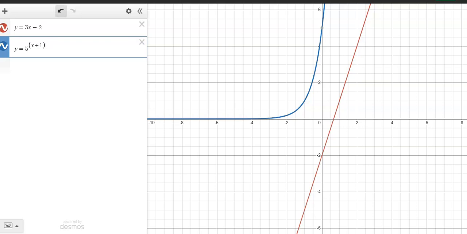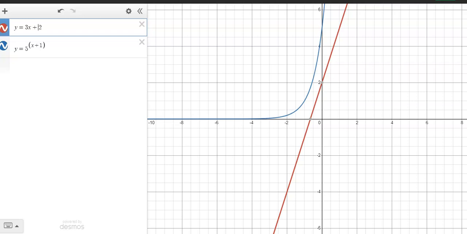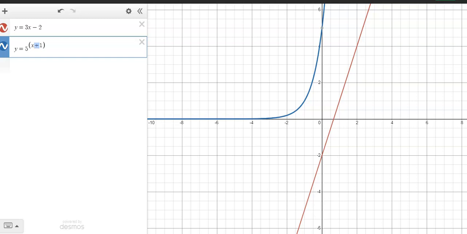Oh, it should have been plus 2, I think. No, it was 3x minus 2. Oh, but then it was minus 1 in parentheses. This was a minus 1.